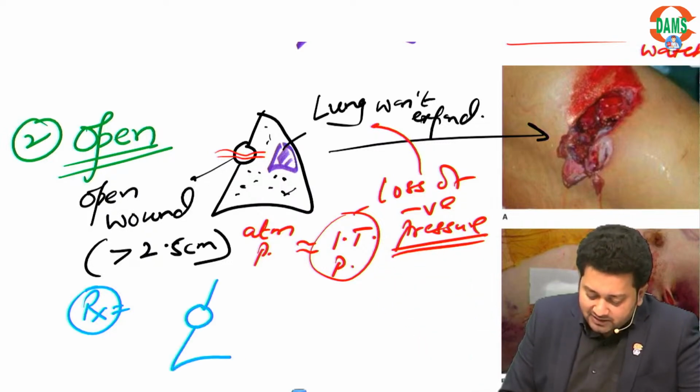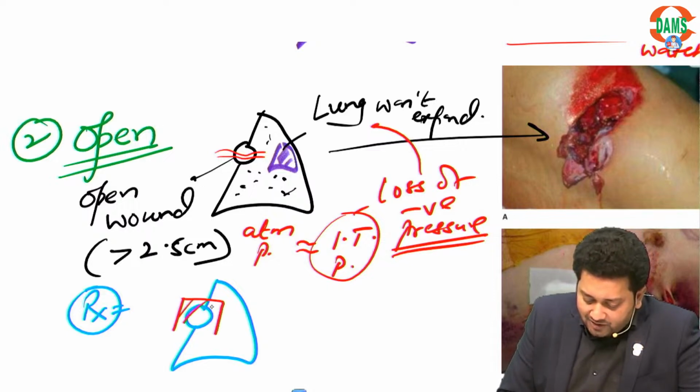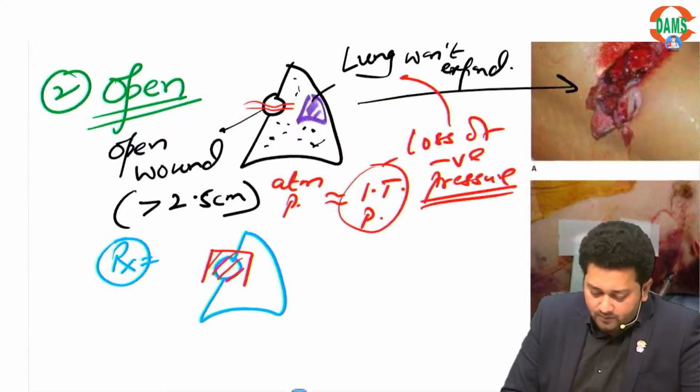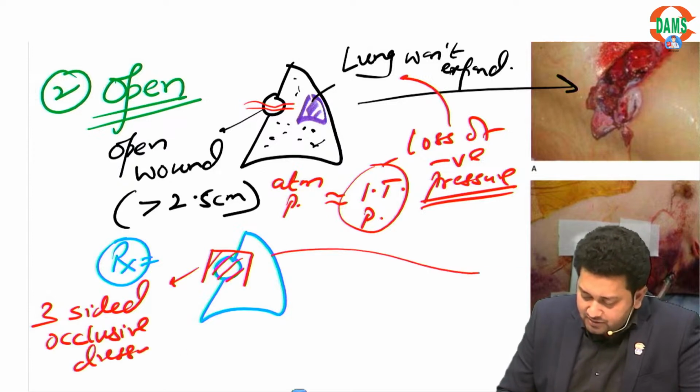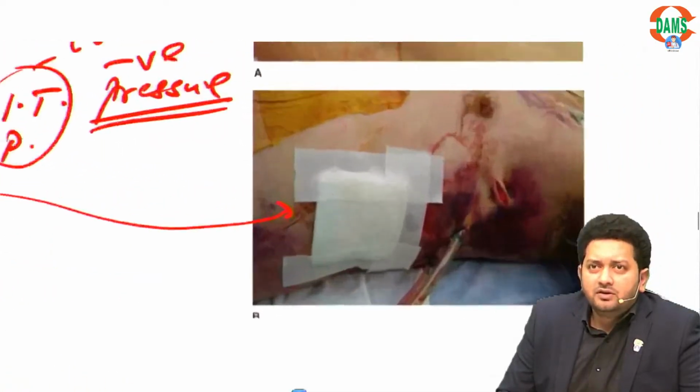to do is this open wound, you cover the wound from 3 sides. Okay, so that is 3-sided occlusive dressing, like which has been shown in this image. You can see 3-sided.